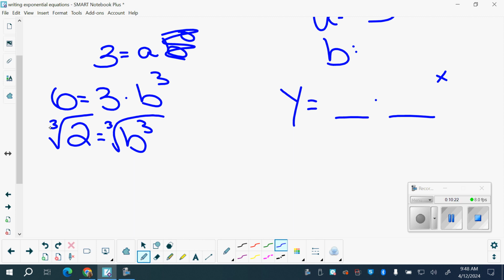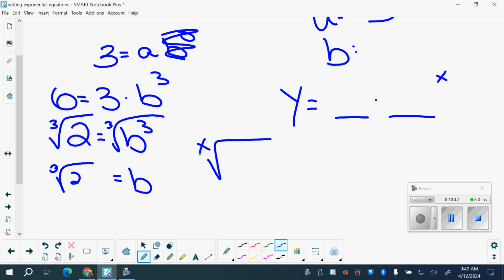How do we do this on the calculator? I'm going to walk you through it. We're going to say B equals the cube root of 2. Get a calculator out. Look for that little caret button; on top of the caret button is a button that looks like this. Do you find it?